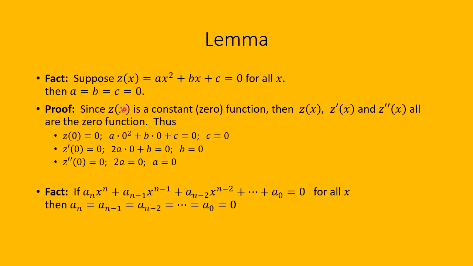A lemma is kind of like a small theorem, a statement of fact that is not tremendously hard to prove and often is used to prove other things. So these two facts we're going to use, actually the one down here mainly, to consider some situations where certain functions, sets of functions, are linearly independent or dependent.